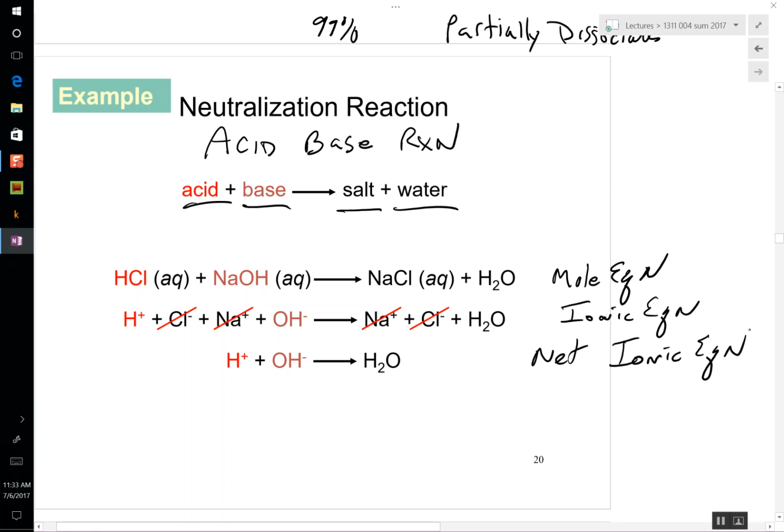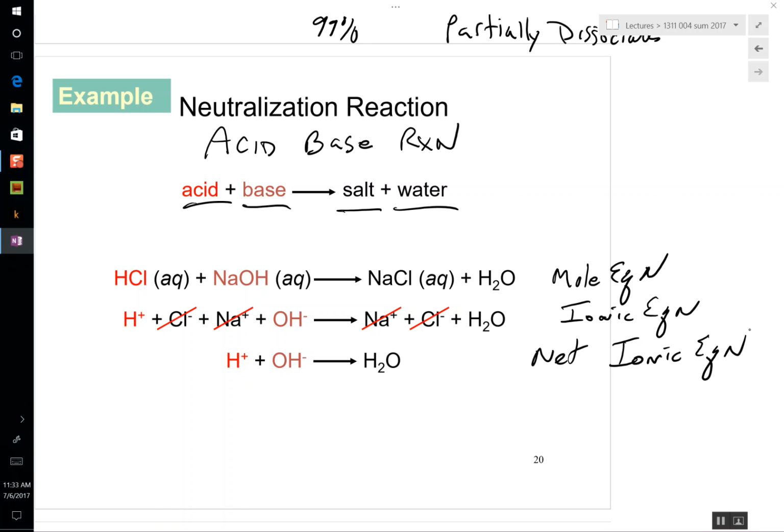So look at what's happening in an acid-base reaction. A proton is reacting with a hydroxide ion to form a water molecule. That's your net ionic reaction. The sodium ions are spectator ions. The chloride ions are spectator ions.